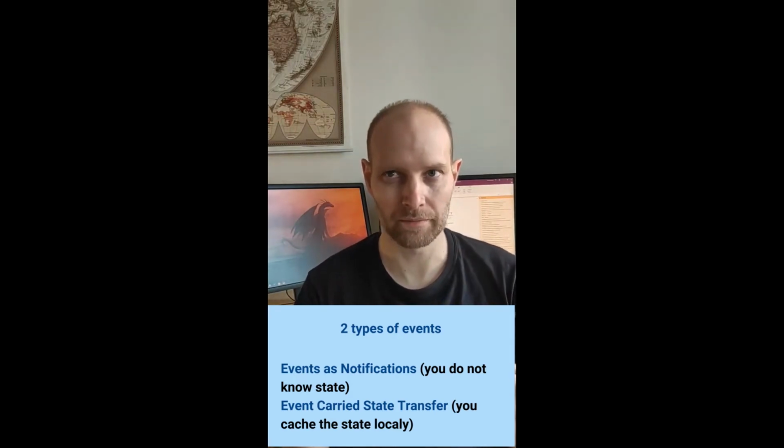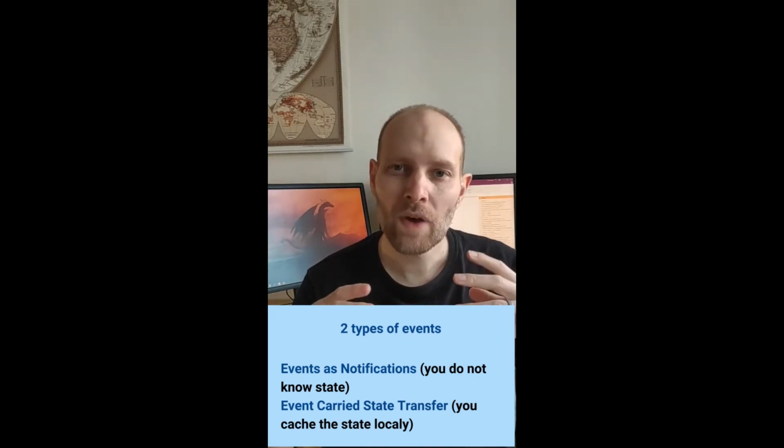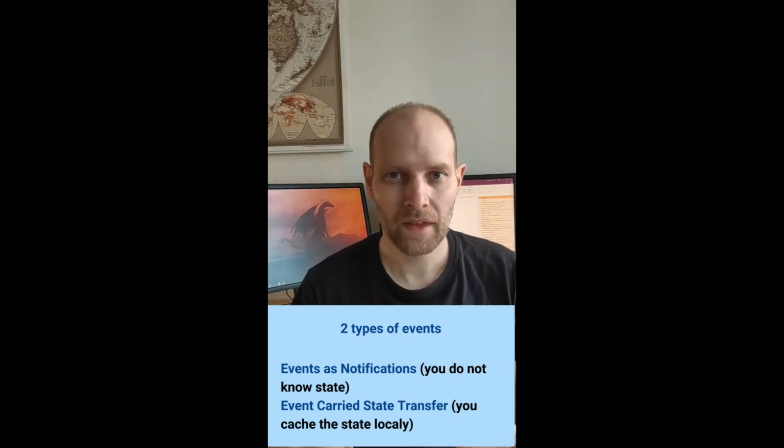They have copies of it. So you don't need to ask for data, because everything you would like to know is in your cache. So you know about the temperature, you know about the threshold, everything. But on the other hand, in this case, you send redundant information with the event. For example, you can send all the diagnostic information about your device.